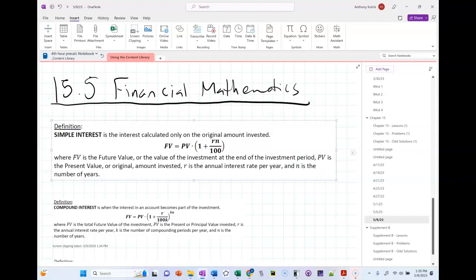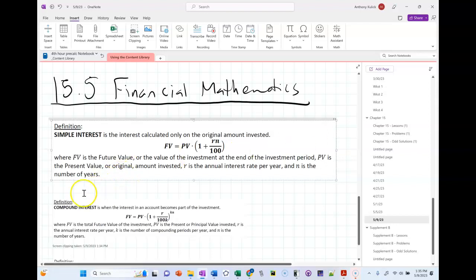FV stands for future value. PV stands for present value, the amount that you invest initially. R is the interest rate written as a decimal, and N is the number of years that we're going to be doing the investment.